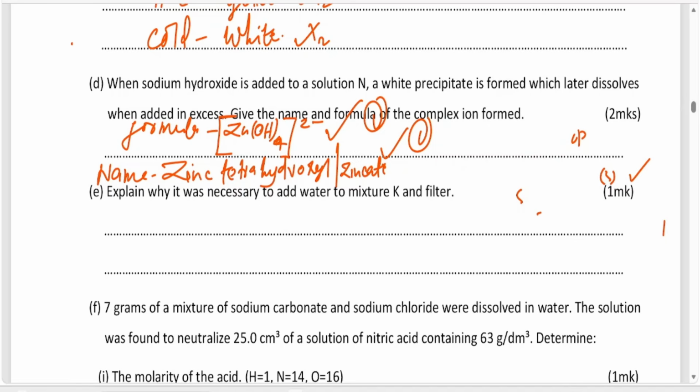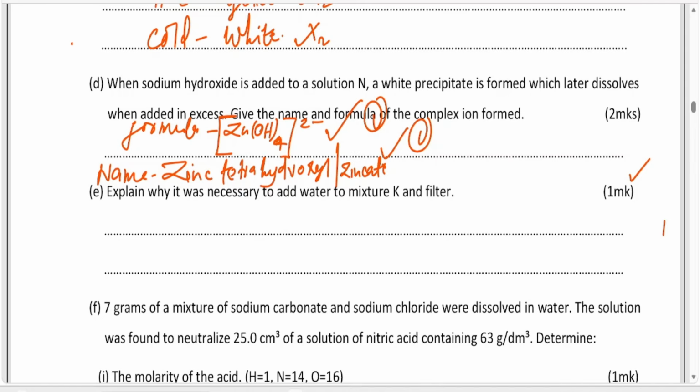Explain why it was necessary to add water to mixture K and filter. Why do we add water? We need to understand that K is a mixture of a soluble and insoluble salt, and that's the reason we add water, so that we can be in a position to separate the two components or the two salts.